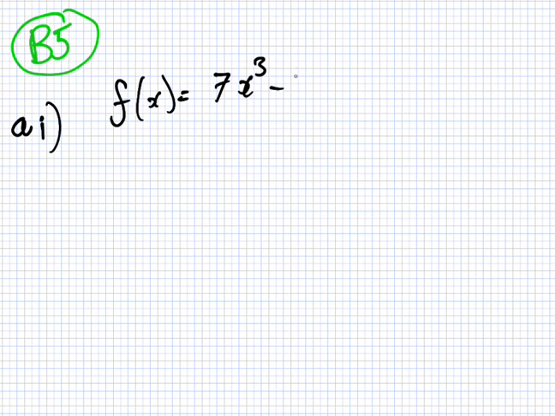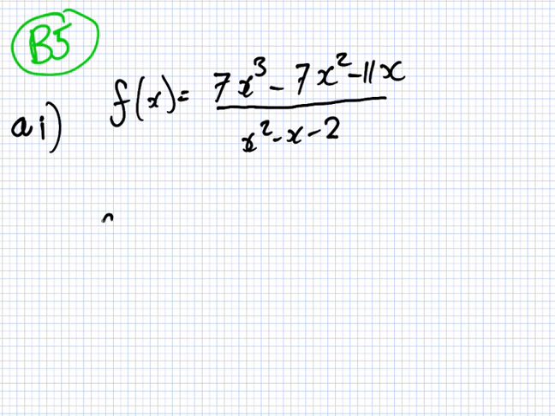Okay, so B5 here, A part 1. f(x) equals 7x cubed minus 7x squared minus 11x, all over x squared minus x minus 2.